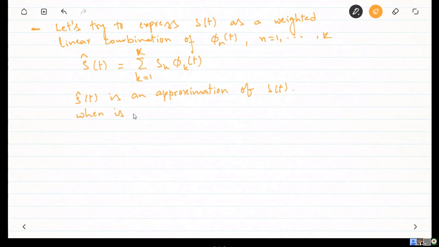And we'll ask and then solve when S hat of t is good enough.